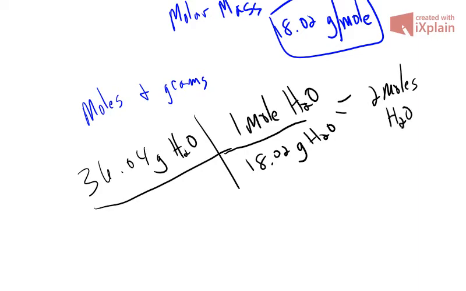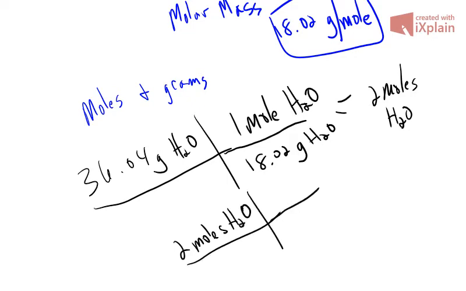Okay, and if I want to find out how many particles that is, well, I have 2 moles of H2O, and for every 1 mole of anything, there's 6.02 times 10 to the 23rd of that thing.